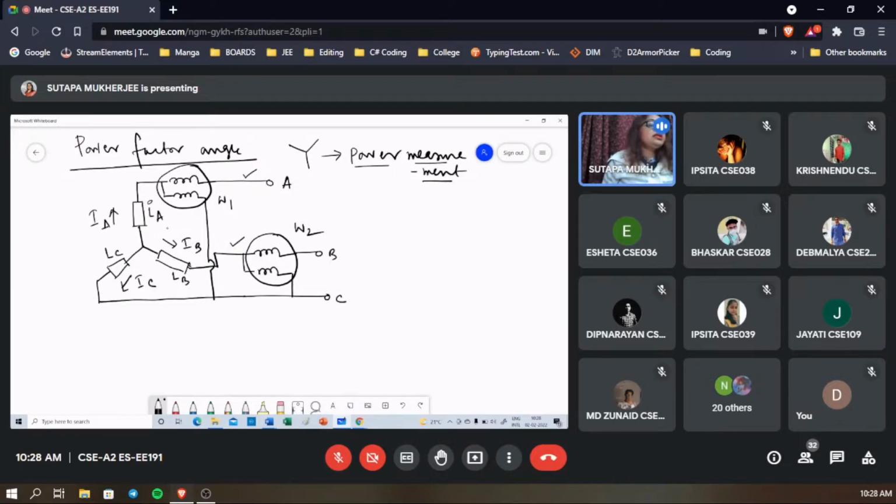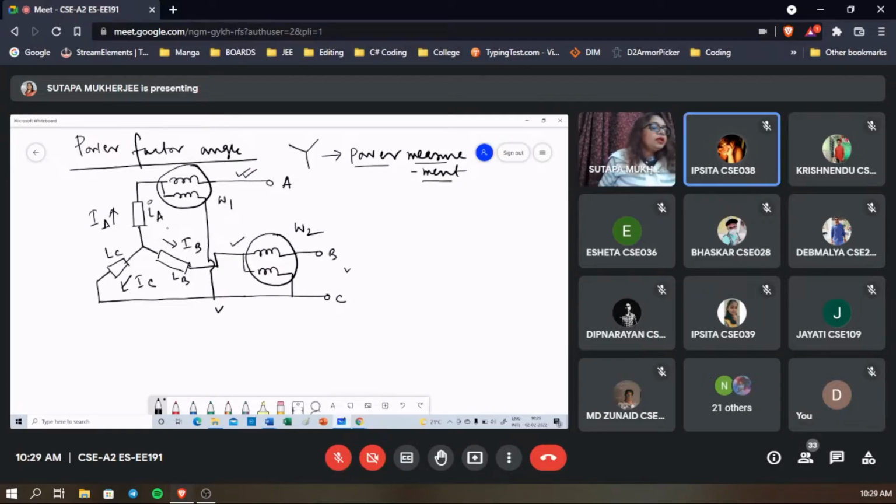And the instantaneous voltage across its pressure coil is EAC. Similarly, in case of wattmeter 2, the instantaneous current is IB, and the voltage across the pressure coil is EBC.